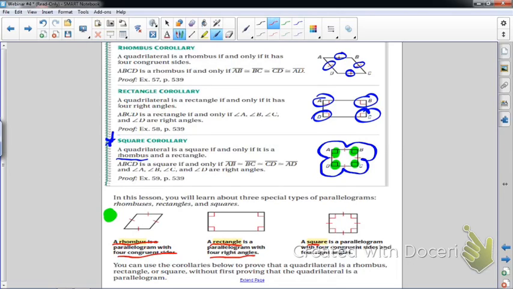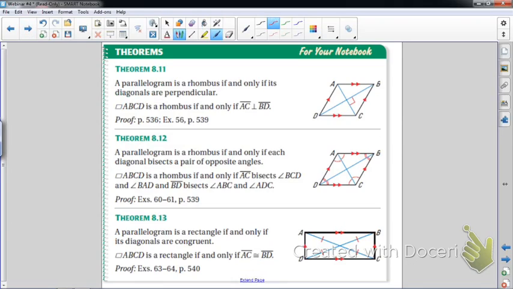A square is a parallelogram with 4 congruent sides and 4 angles that are the same. Now remember, every single one of these has the word parallelogram. And remember how to label a quadrilateral that is said to be a parallelogram. So have that in mind as you go through this.